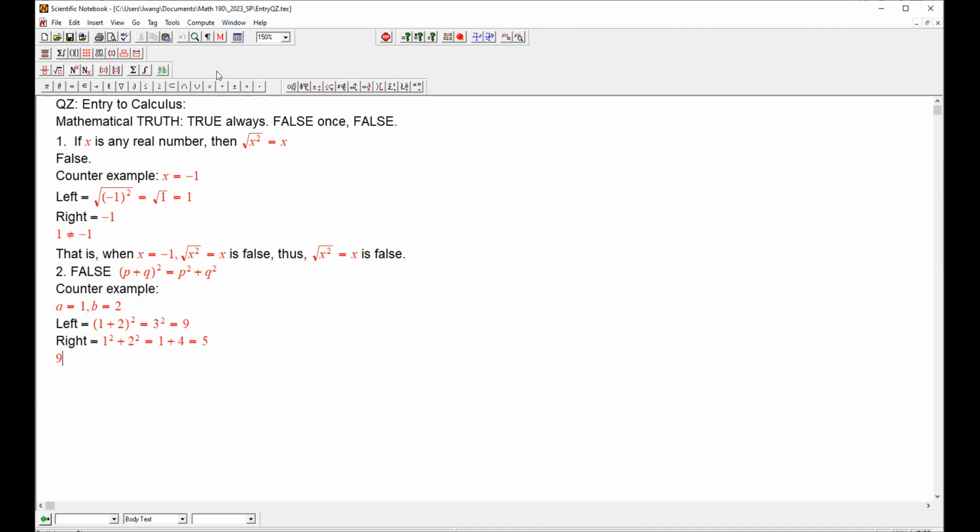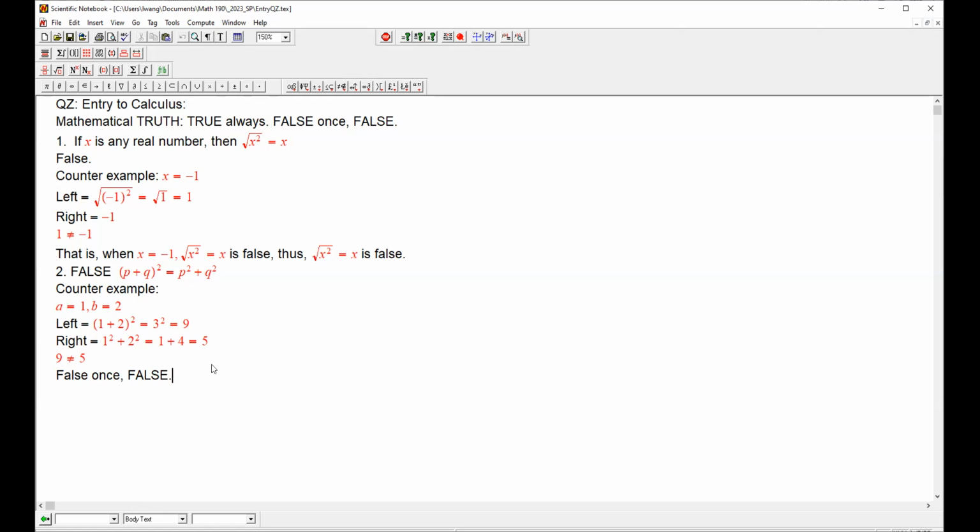So we have identified one case that shows the statement is false. False once, false. I hope you have mastered this technique of explaining why a certain statement is false.